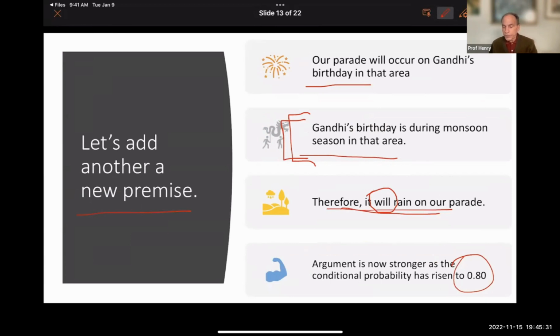If someone wants to say will, that's still a strong argument because the conditional probability is 80%. So I don't want to get boiled down into will and most likely. I mean, even in science, you can never say will. But the strength of this will depend on the conditional probability.